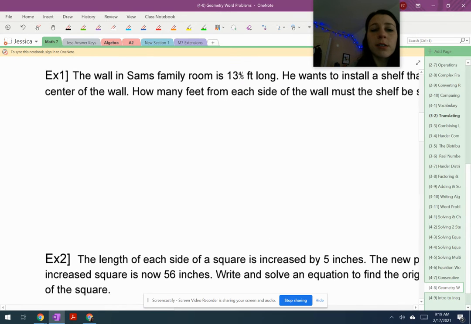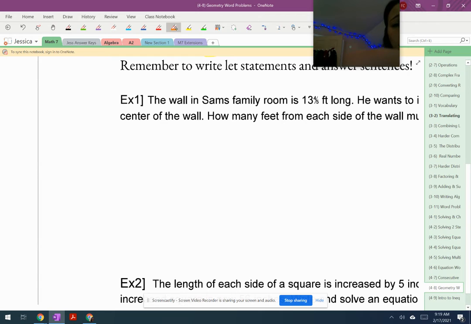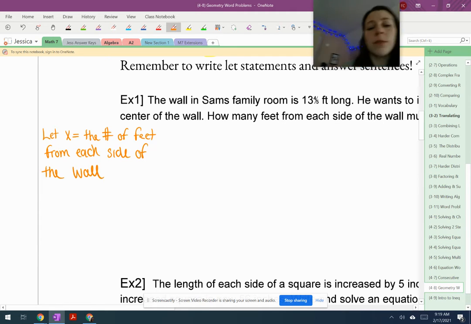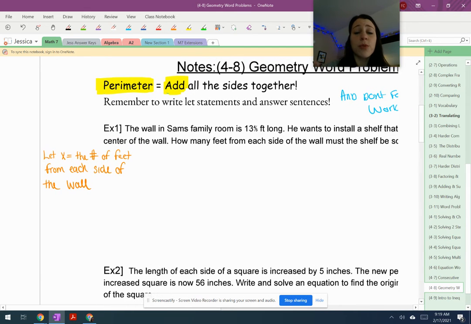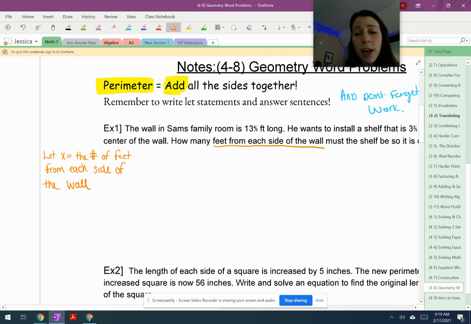So my let statement is going to say, let x equal the number of feet from each side of the wall. And again, that came directly from the problem. The feet from each side of the wall.